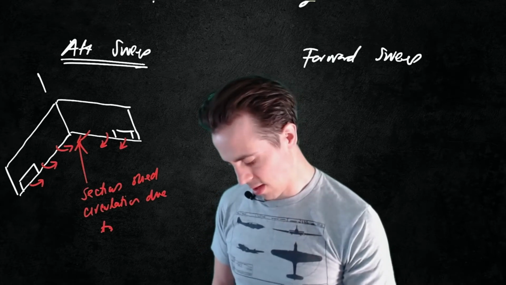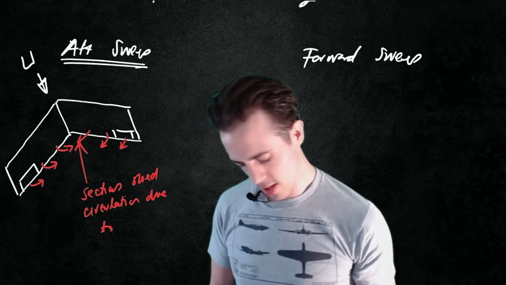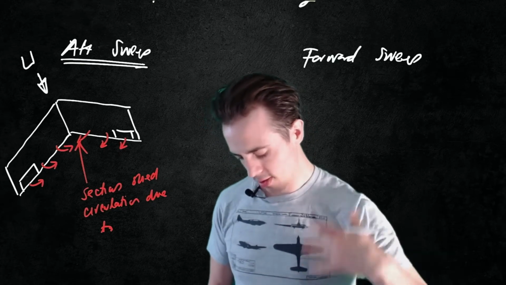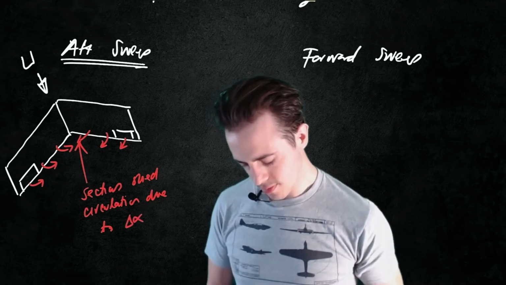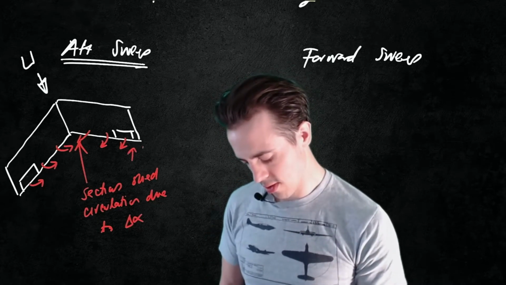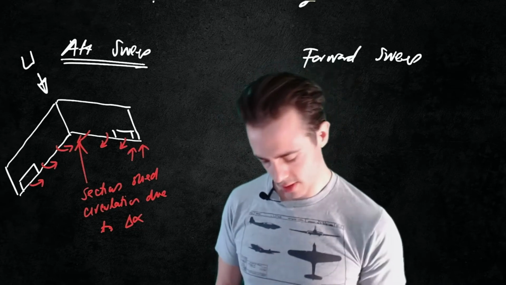And in fact, I should have written up here, this is my U. So sections shed circulation due to any change in angle of attack, and that's going to cause an upwash at all sections outboard.